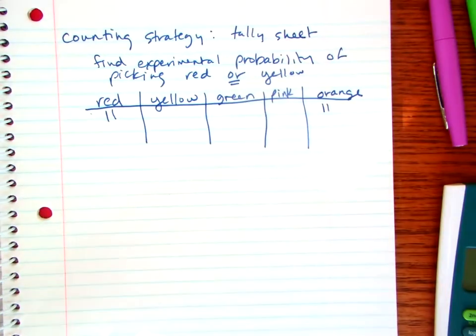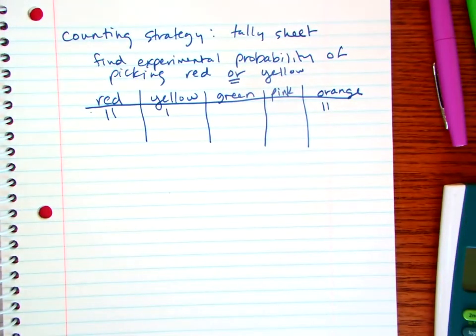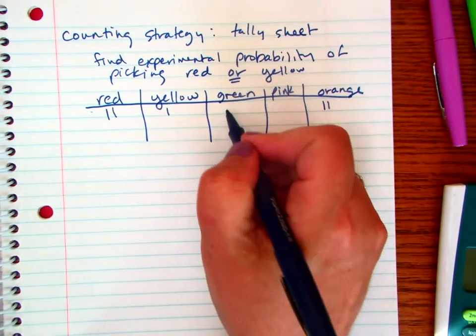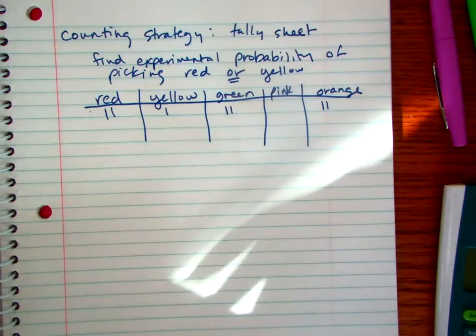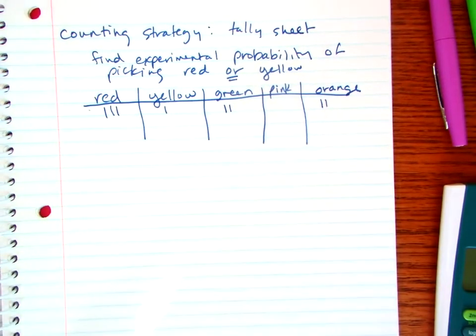There's a yellow. And we're at 5 picks. And then green. So 6. Green again. So that's 7 picks. Red again. So that's 3 on the red.